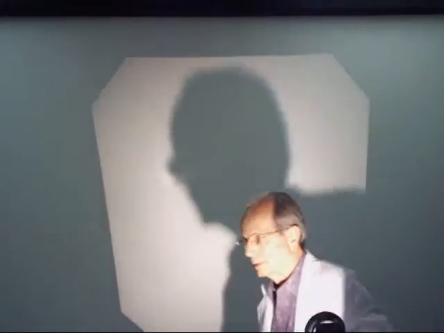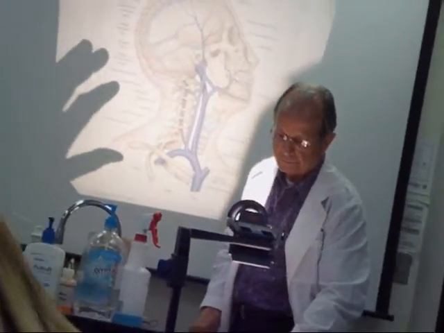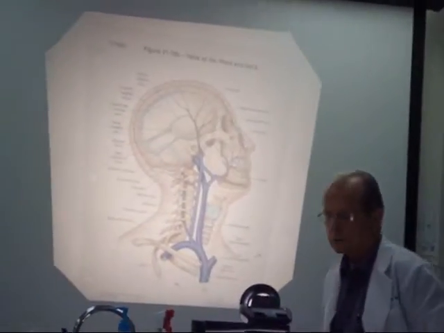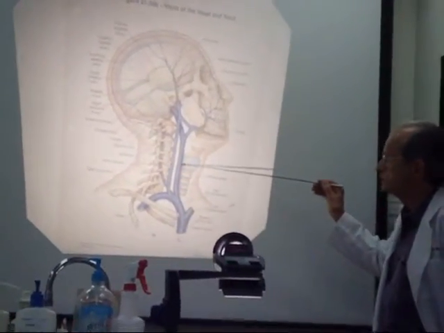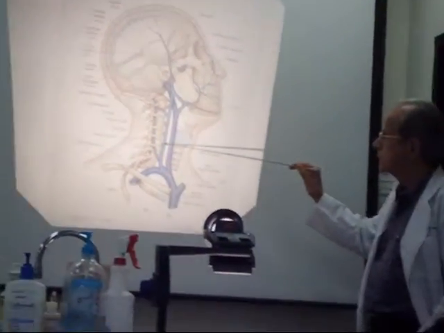So we get a better look at that with this diagram right here. So here is our internal jugular vein. Here's our external.